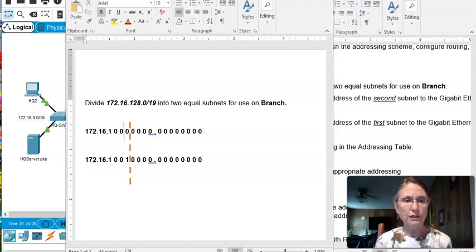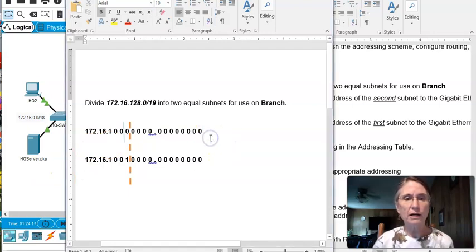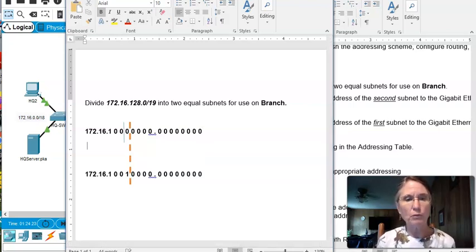So you see, we now have 2 equal subnets for use on branch. The additional requirement that will be necessary is to understand what the broadcast address will be, and then the last usable address in each of these subnets.